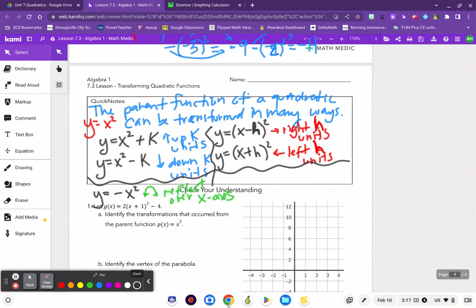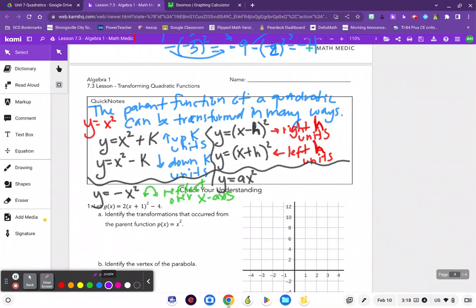And the last thing that we can do is we can stretch my graph, make it narrower, or we can compress my graph, make it wider. So that happens when we add a coefficient to x squared. And depending on that number in front of x squared, that coefficient, I'm either going to stretch and become narrower, or I'm going to compress and become wider.